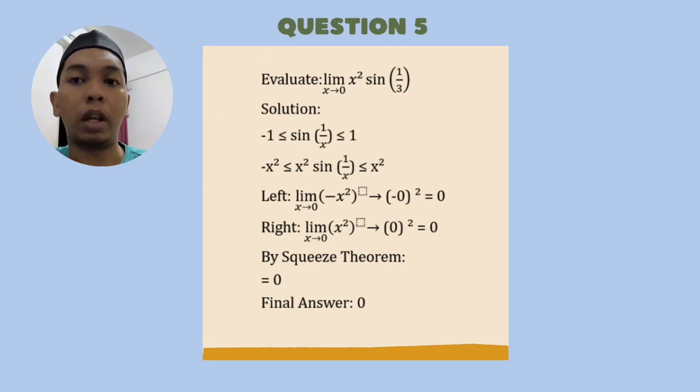Now as x approaches 0, both negative x² and x² approach 0. By the squeeze theorem, the middle expression must also approach 0. Therefore, the limit is 0.